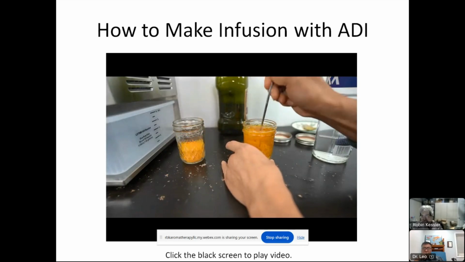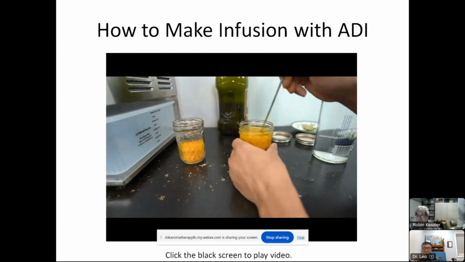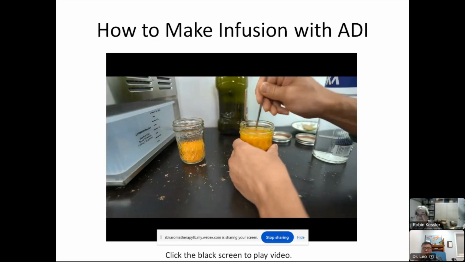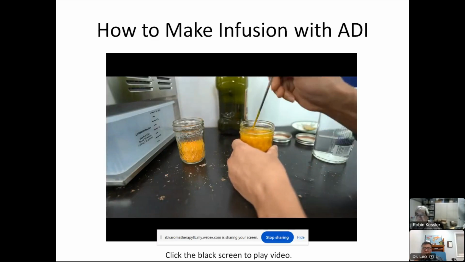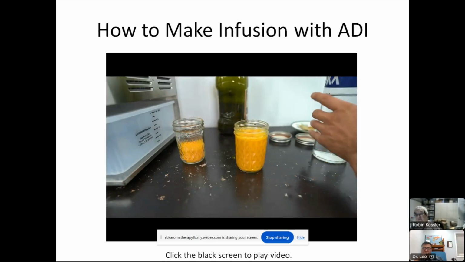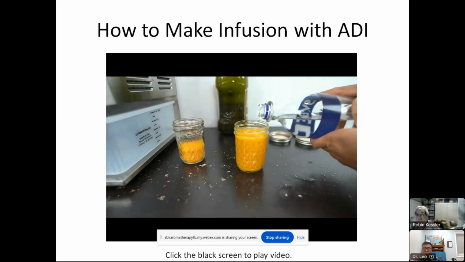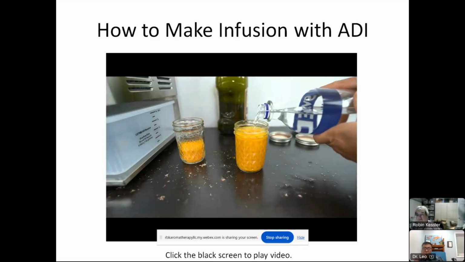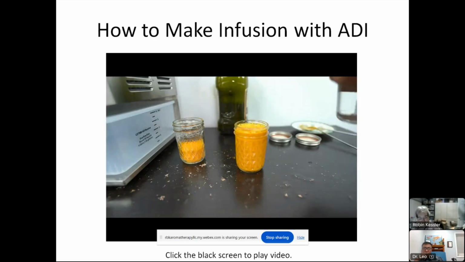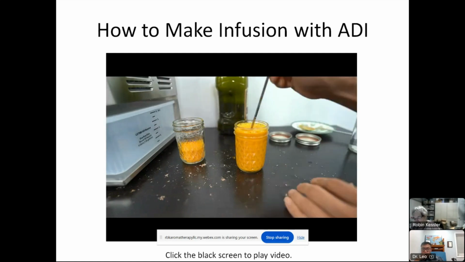Just let the bubbles come up. Give a good stir. Now add more alcohol. And another stir.